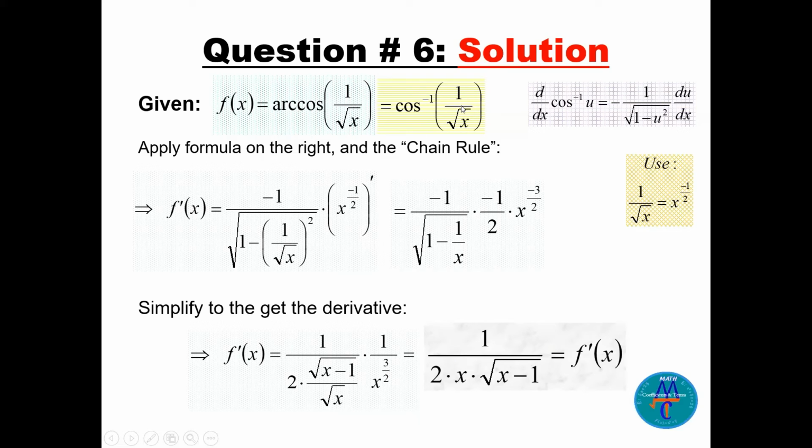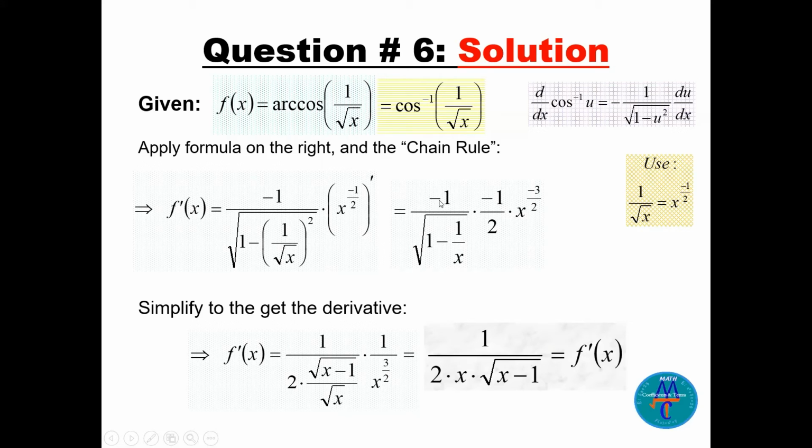This is u now, 1 over square root of x, times the derivative of u, du over dx, which I mentioned here, x to the power minus half. So we can use the power rule here: minus half will come down, x to the power minus half, and then minus 1, which will make it minus 3 over 2.